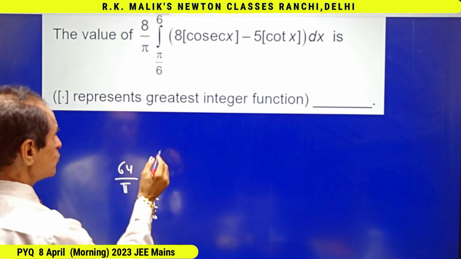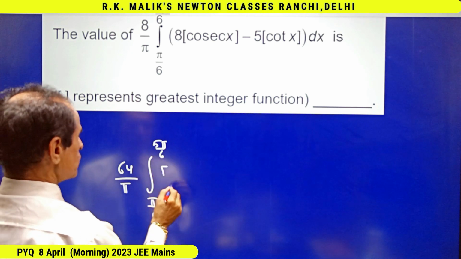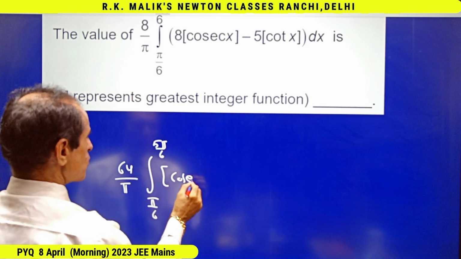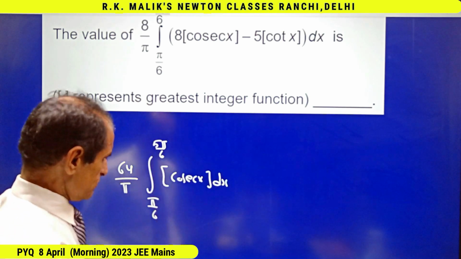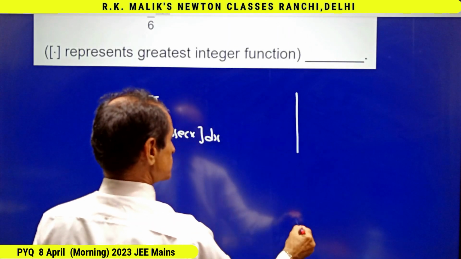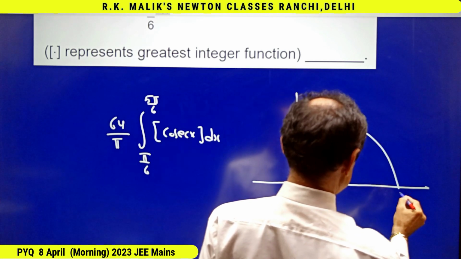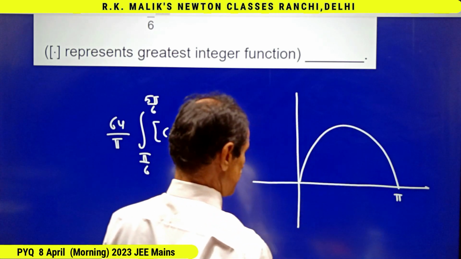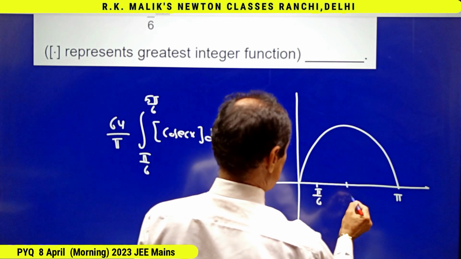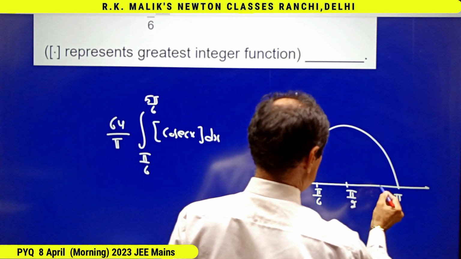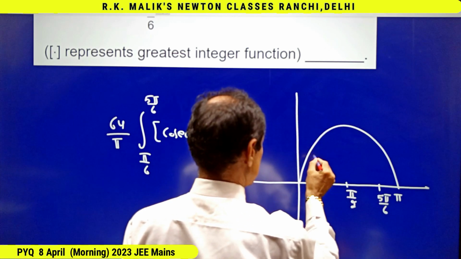integral from pi by 6 to 5 pi by 6 of box cosec x dx. We know that the graph of sin x in the interval 0 to pi is this. Pi by 6 is somewhere here, pi by 2 is somewhere here, 5 pi by 6 is somewhere here.